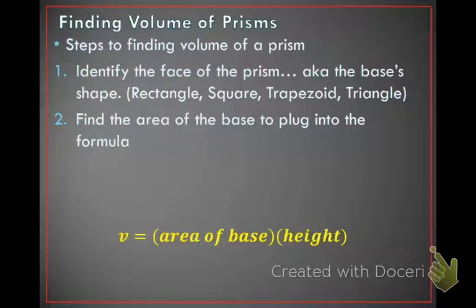So solely find the area of that rectangle or that square or that trapezoid or triangle, because that area is going to get plugged in right there. Once you find the area of the base, you plug it in, then multiply it times the height, because that's the other part of the formula. And it's talking about the height of the entire prism.